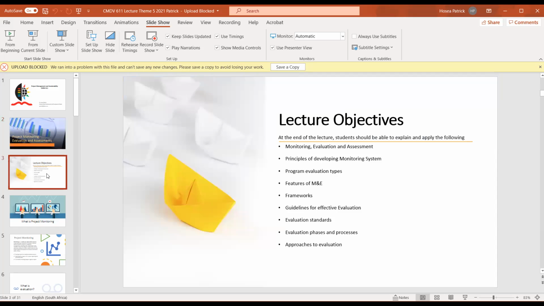At the end of the lecture, I'm hoping that you'll be able to explain what monitoring is, what evaluation is, and what assessment is. You should be able to explain the principle of developing a monitoring system for your projects. You should know the project evaluation types, the features of monitoring and evaluation, and the frameworks.